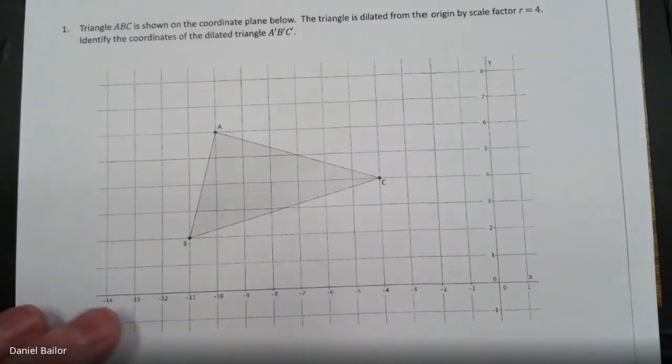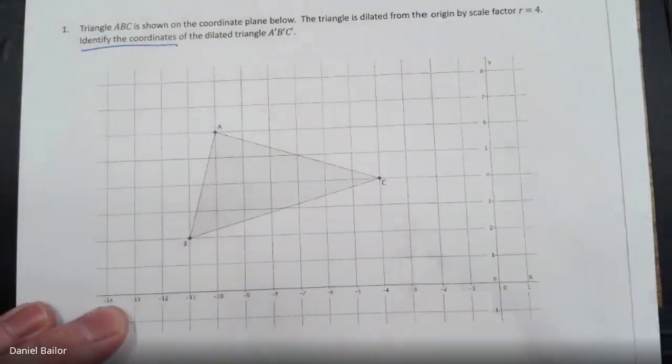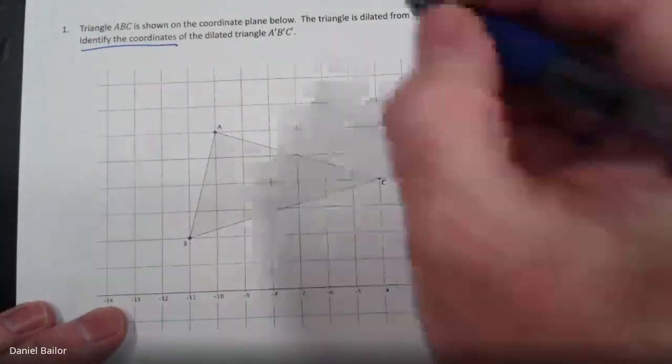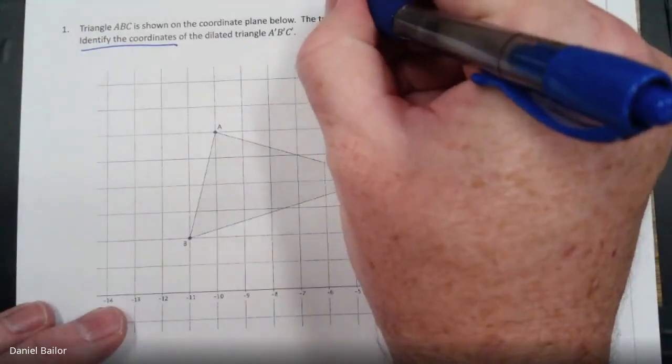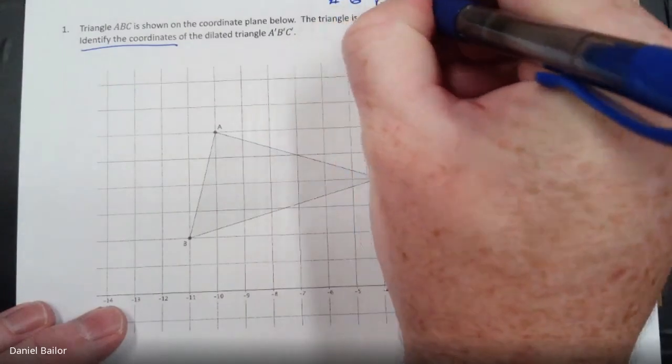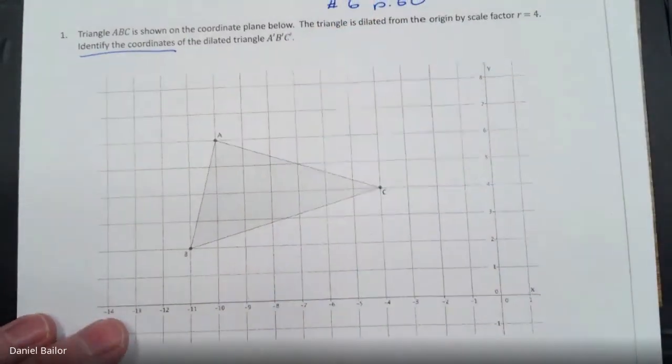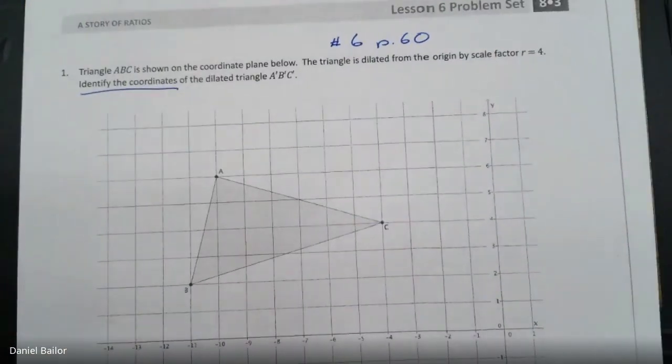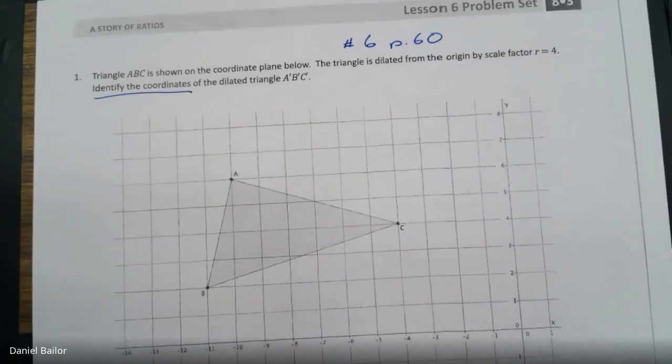You do not have to draw. It just says identify the coordinates. So this is going to be like number 6 on page 60. If you want ideas about how to do this, number 1 in your problem set is like number 6 on page 60.